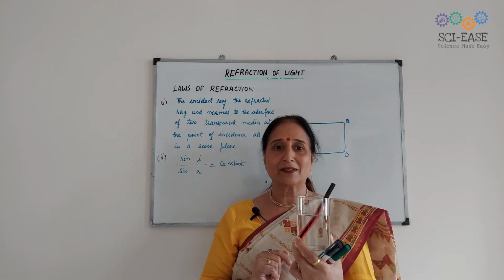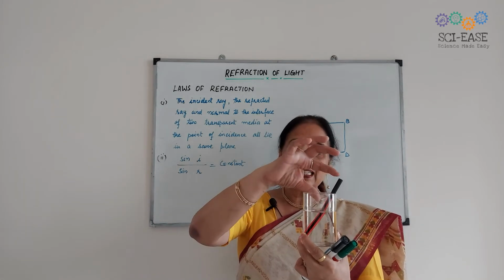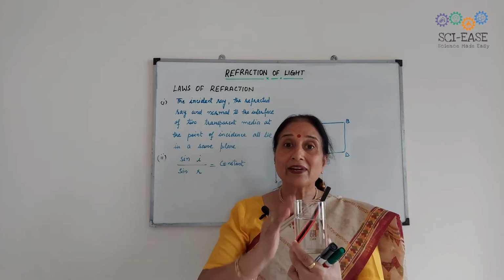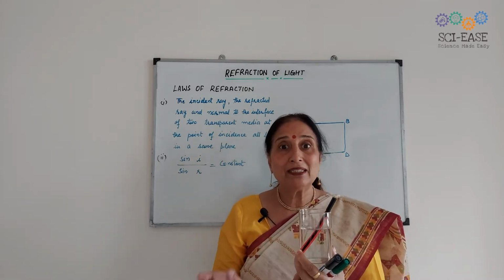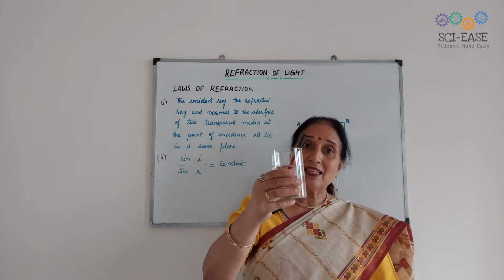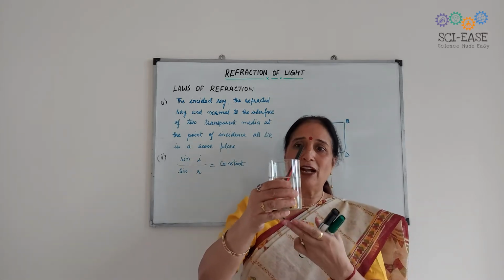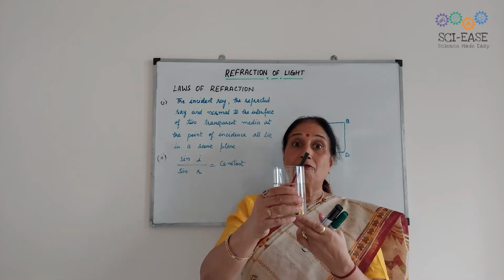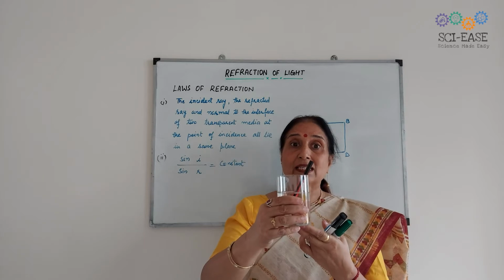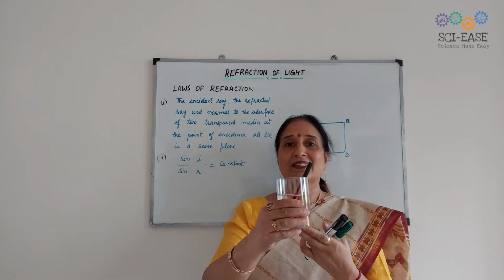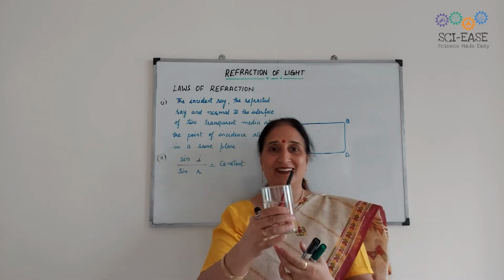And when we see the upper part which is not immersed in water, the rays enter from some other direction. So there is bending of light. When light rays travel from one medium to another, this is known as refraction.